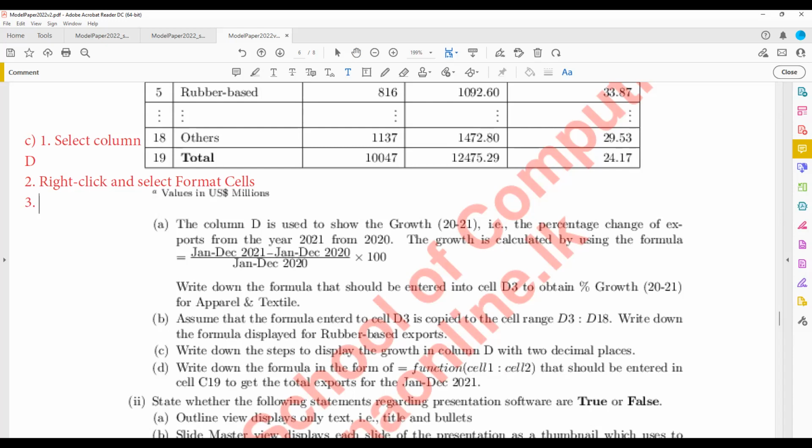Once you select format cells, third, select category as number. Fourth, set decimal places to 2. Then click OK.